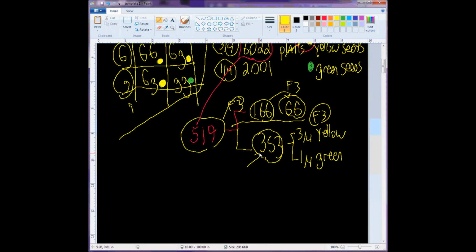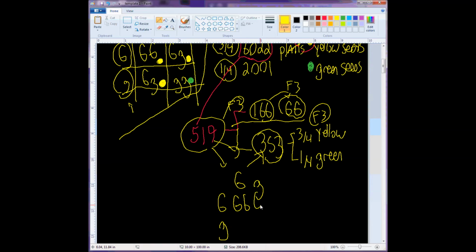So 353 of these 519 produced progeny in a 3-to-1 ratio. And what makes most sense is that all of these 353 were of the big G, little g genotype. And we know what happens when you cross a big G, little g to a big G, little g.